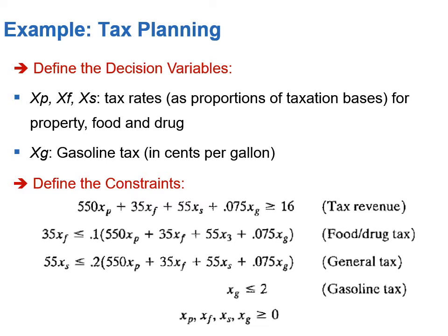So this is 2 cents, and this xg, we defined it as the cents per gallon that we are collecting as a tax. So it means that xg should be less than or equal to 2. So this is the gasoline tax. And these four are the constraints given to us.